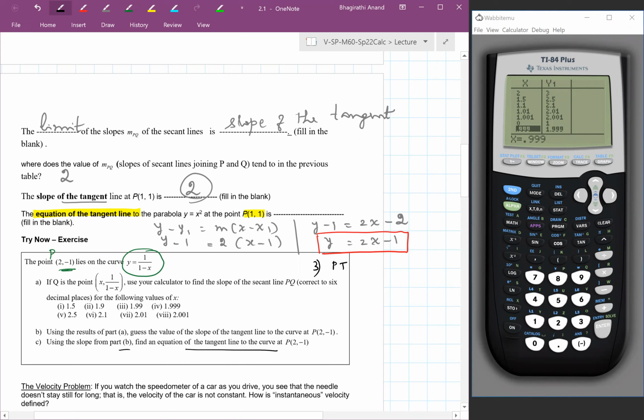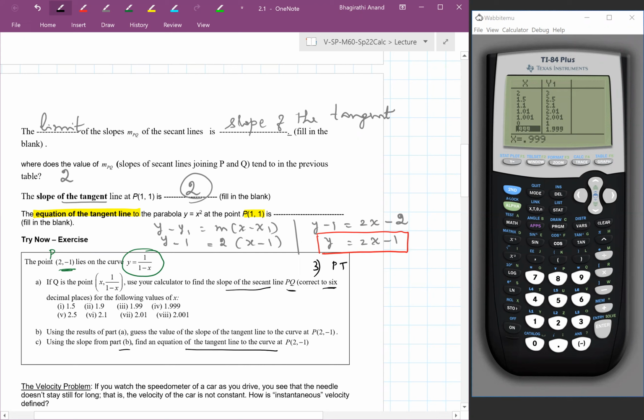If Q is the point (x, 1 over 1 minus x), use your calculator to find the slope of the secant line PQ, correct to 6 decimal places, for the following values of x: 1.5, 1.9, 1.99, 1.999, then 2.5, 2.1, 2.01, 2.001.